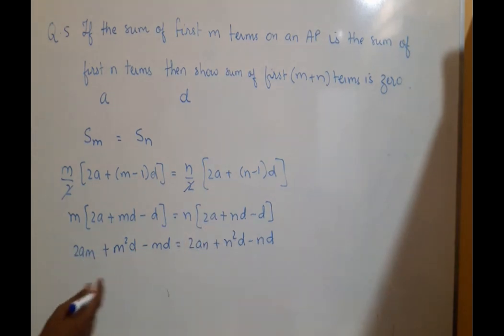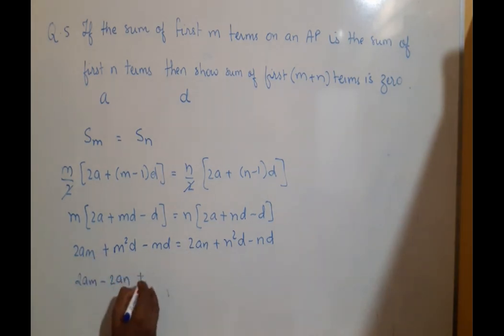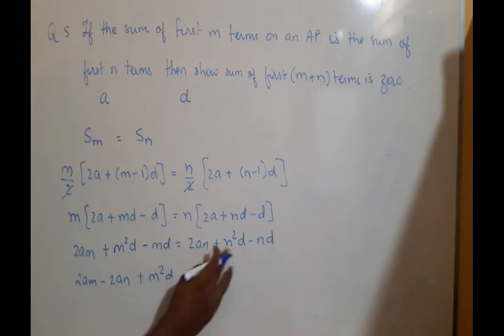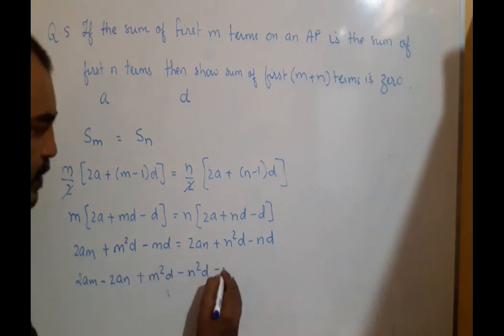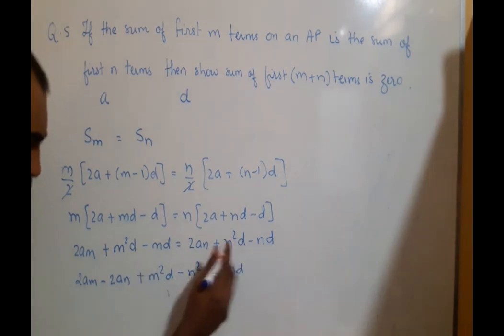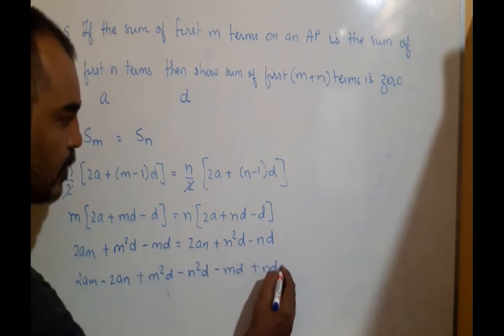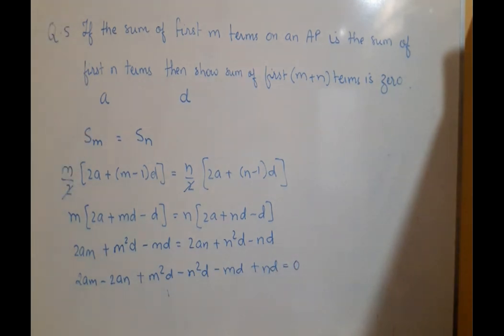Now we take everything on one side, so we'll write 2am minus 2an plus m square d minus n square d, minus md, and this becomes plus nd equal to 0. Yes? So we have simplified till here.